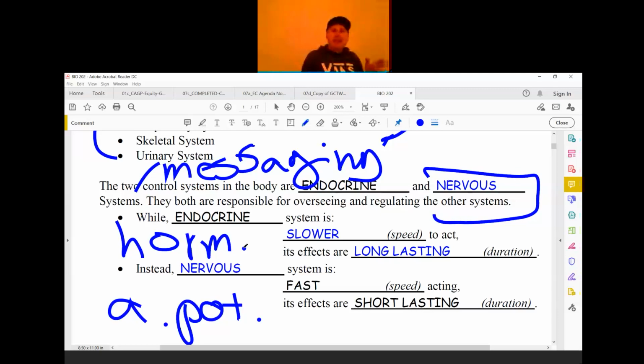Sometimes it can be minutes, sometimes hours, sometimes days or even weeks before they act. And their effects are much longer lasting. So they stick around in your body.